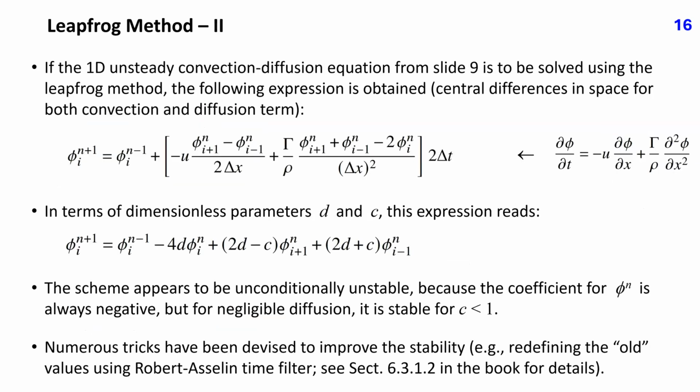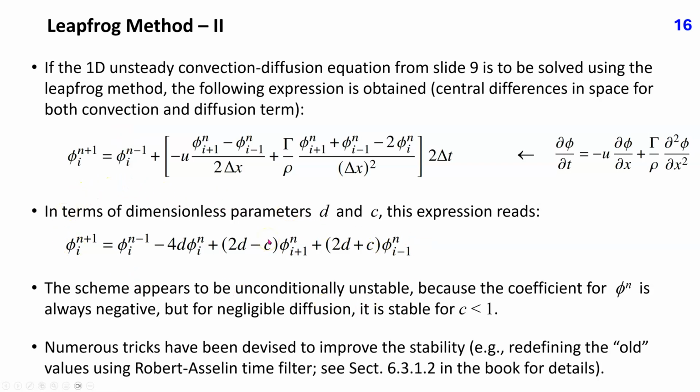When convection and diffusion terms in this equation are discretized with central differences and the leapfrog method is used for time integration, the following expression is obtained on a uniform grid. In terms of dimensionless parameters d and c, the equation reduces to this form.